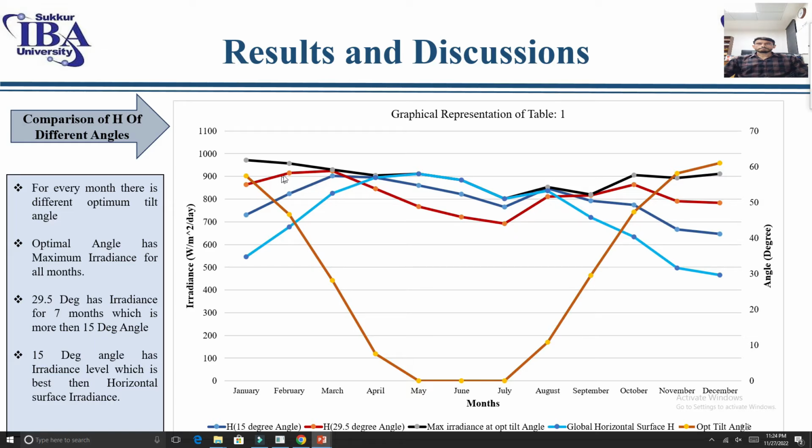The red line is the irradiance level of 29.5 degrees, and the rest of the lines show the irradiance level of 15 degrees and horizontal surface irradiance respectively. We see that 29.5 degrees has more irradiance than 15 degrees for 7 months, and the 15 degree angle has an irradiance level close to the horizontal surface irradiance.